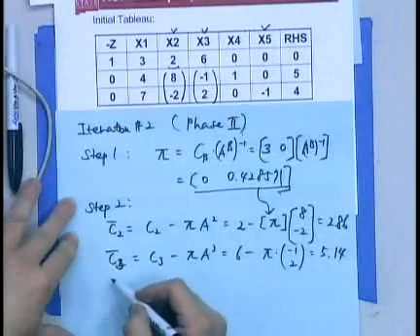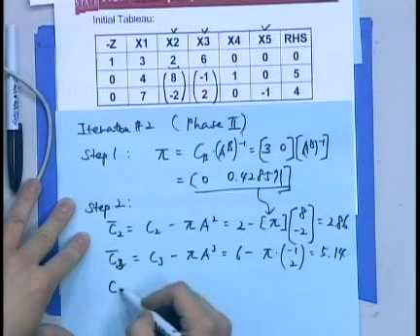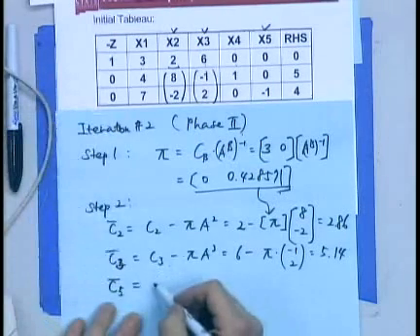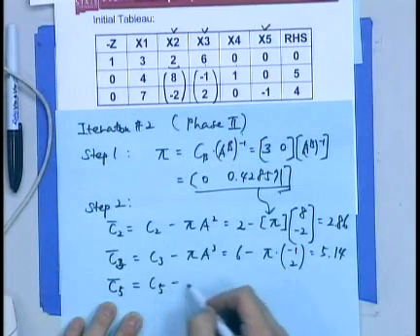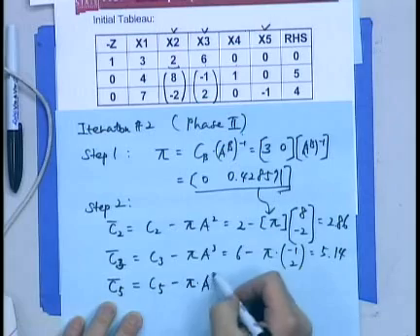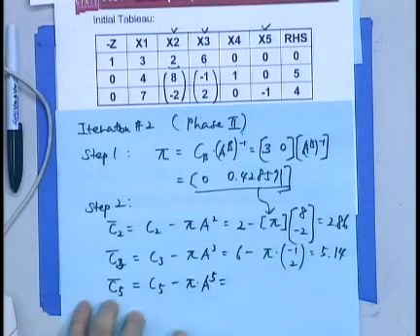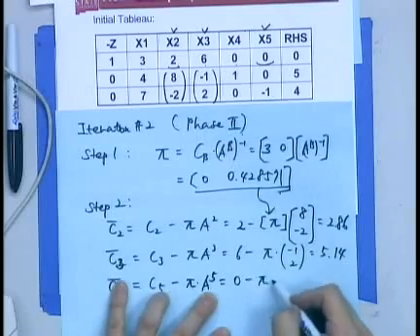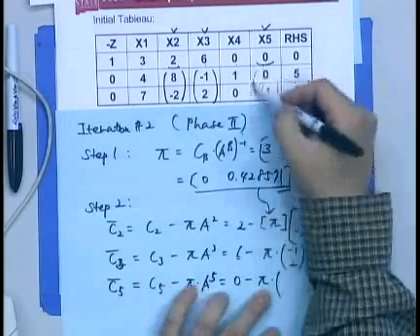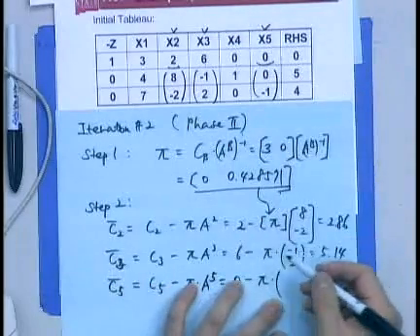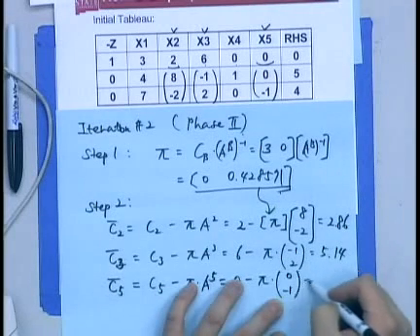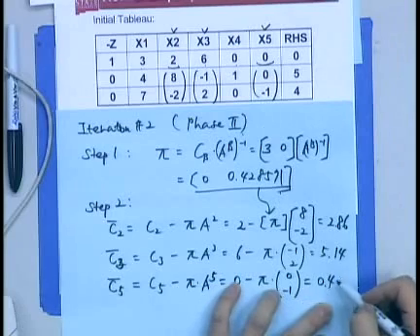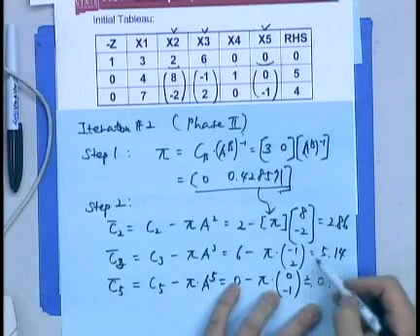And the third non-basic variable, x5, the reduced cost becomes C5 minus pi times A5. C5 is 0 minus pi times A5, which is 0, negative 1, right? And this value is 0.43, okay, approximately.